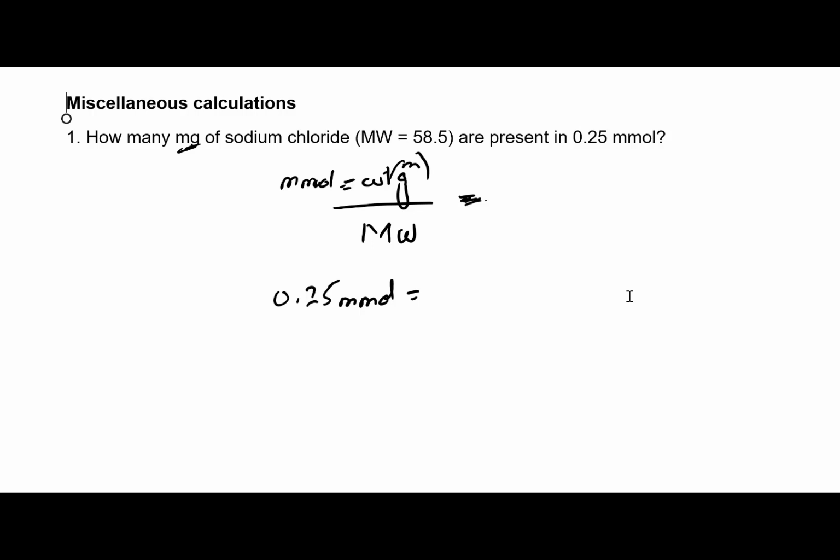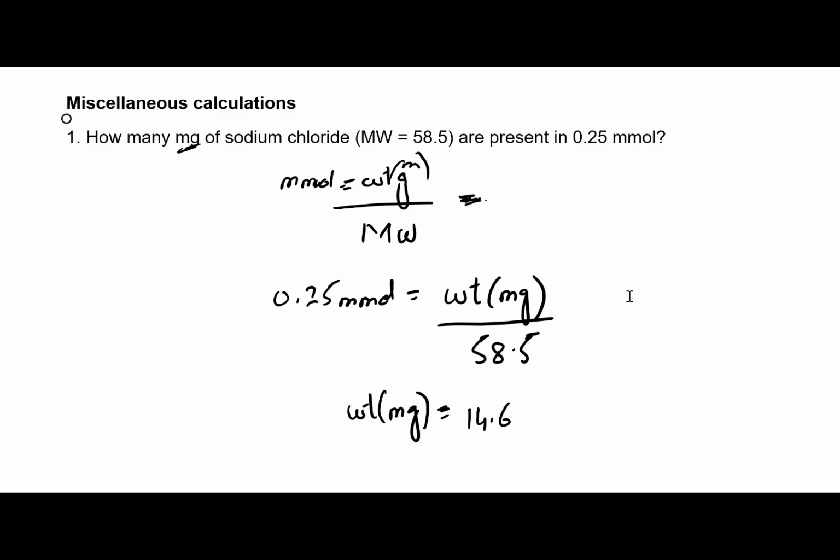Weight I have to find out in milligrams, and molecular weight is also given, it's 58.5. So what would be the weight in milligrams? 0.25 divided by 58.5. Okay, so this is the answer.